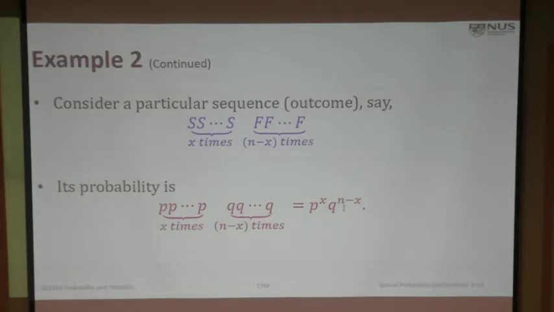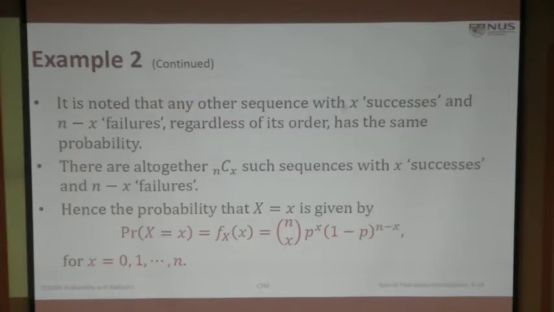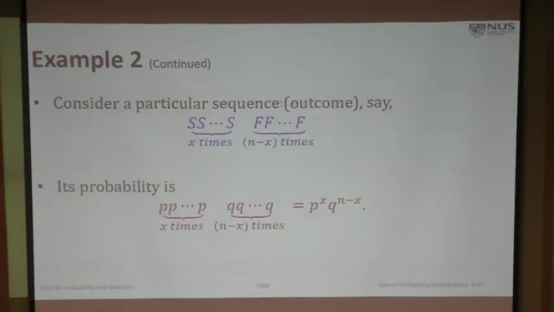But of course, for a given little x, there are different orders in which you can obtain x successes and n minus x failures. So this is any other sequence with x successes and n minus x failures, which is different from the one we just talked about. This particular sequence has x successes, first time success, second time success, x-th time success, and then suddenly something goes wrong and I get n minus x failures.